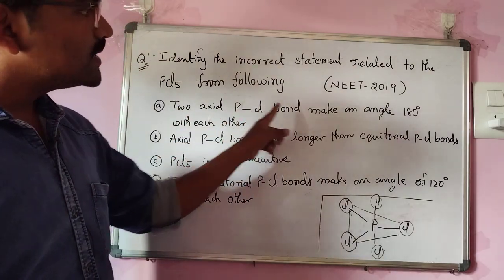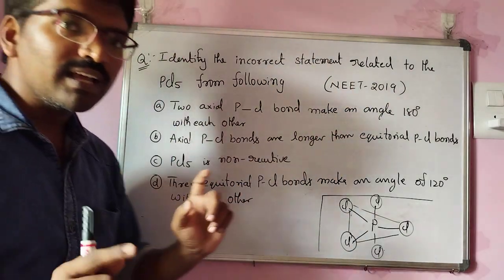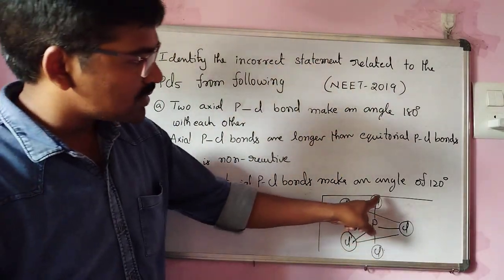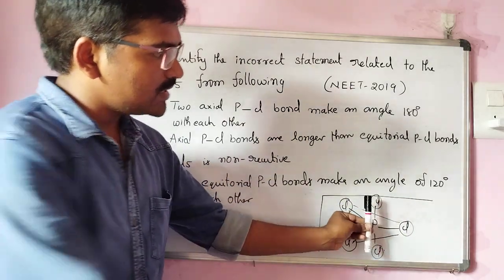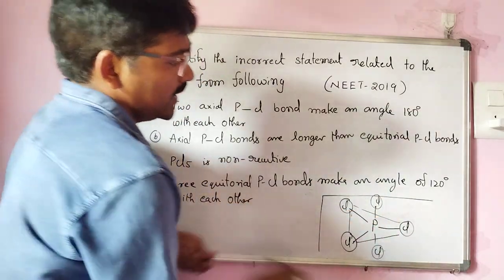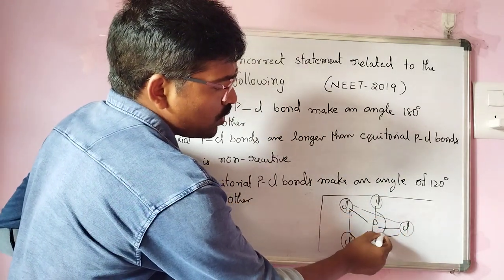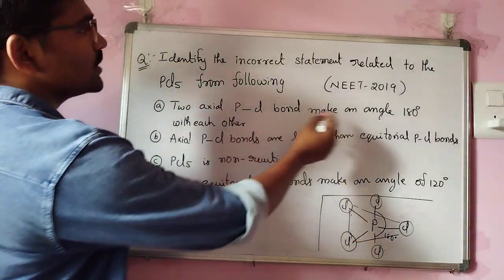The first statement: 2 axial P-Cl bonds make an angle of 180 degrees with each other. Is that correct or not? This is axial and this is axial, and the bond angle between them is 180 degrees, so that is a correct statement.